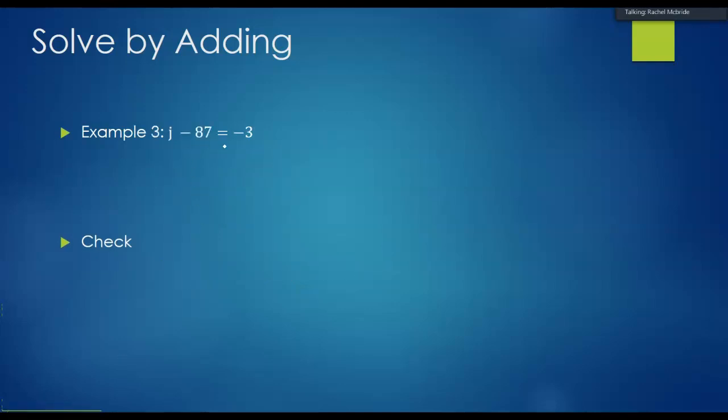Okay, J minus 87 equals negative 3. How do I solve for J? Landon? Excellent. And what is negative 3 plus 87, Madison? Awesome.